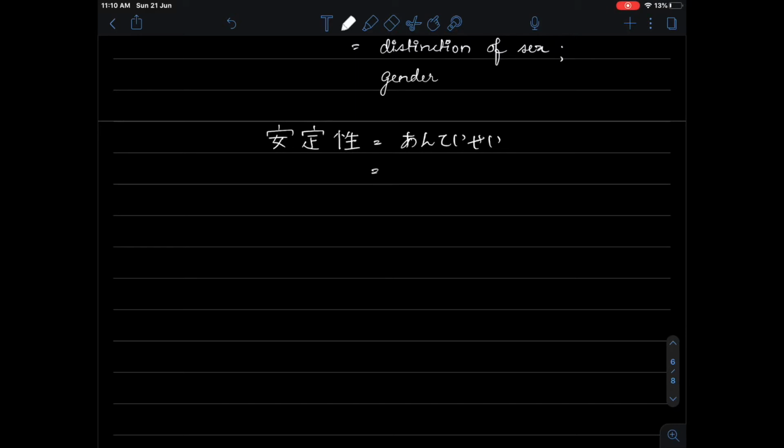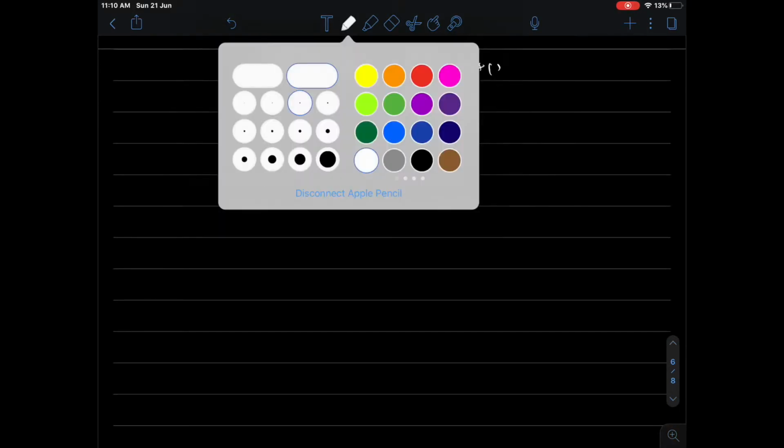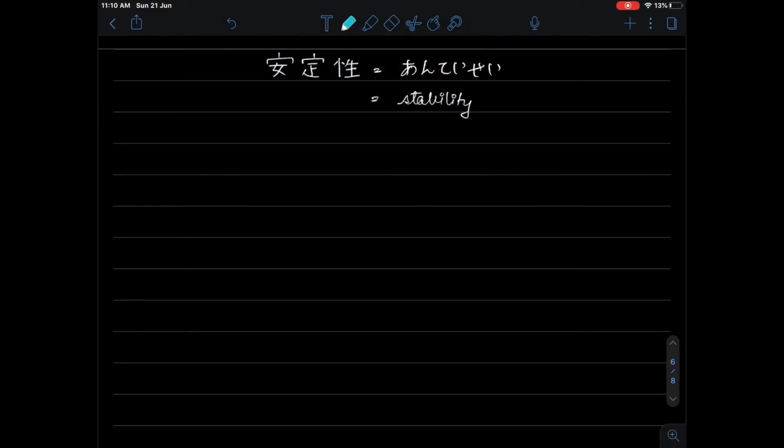We know an means stable, so if you add ity to stable, it becomes stability. Okay, let's have a look at the next one.